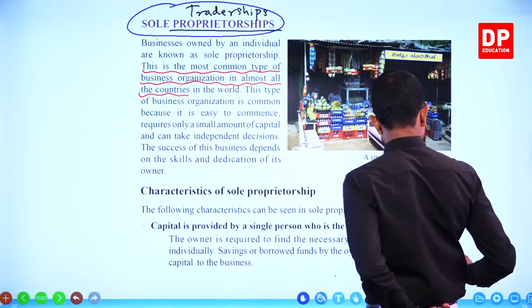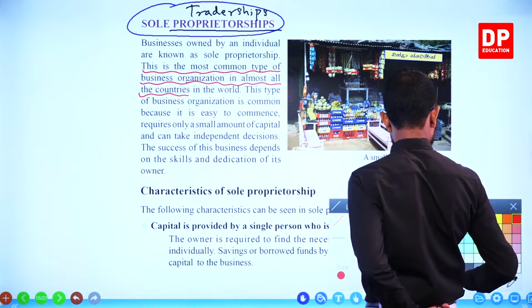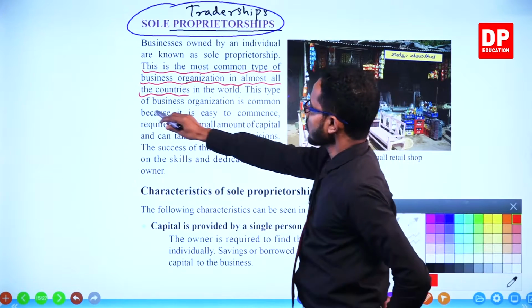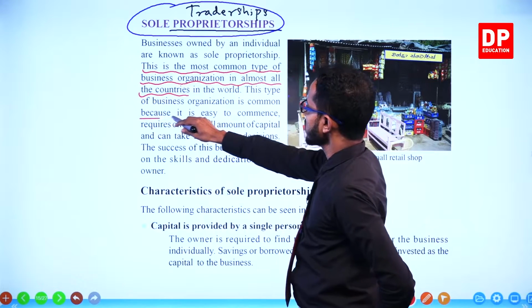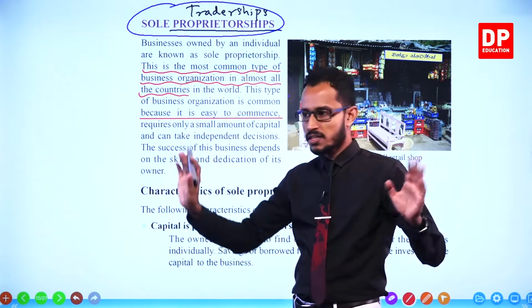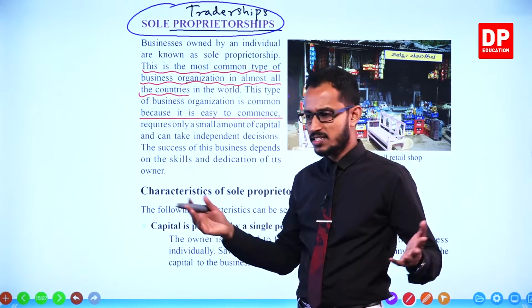Because they are very easy to start. Because it is easy to commence. The meaning of commence is to start. Easy to start.